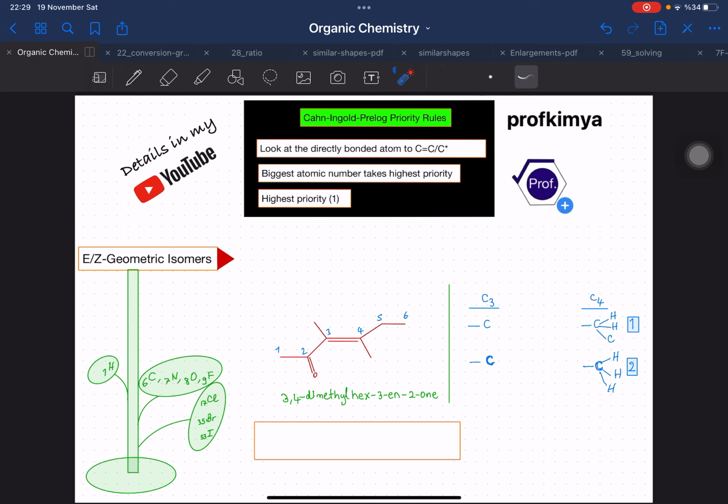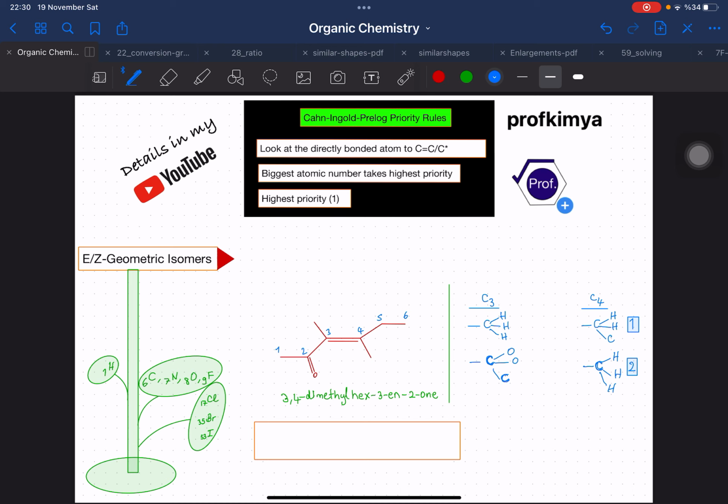Methyl carbon, this is the carbon. This methyl carbon has 3 hydrogens. This carbon connected to 3 hydrogen atoms. This carbon atom has 2 oxygen atoms. I will show this like this, double bond, and 1 carbon atom.